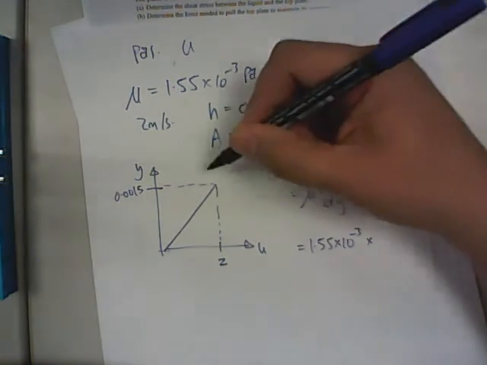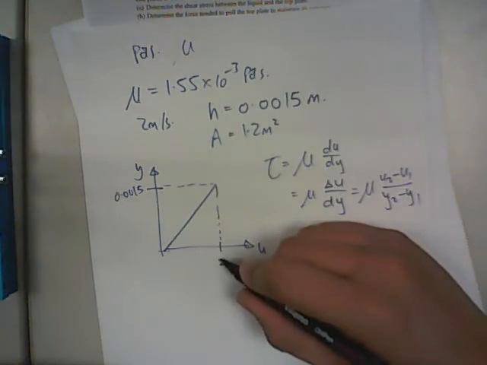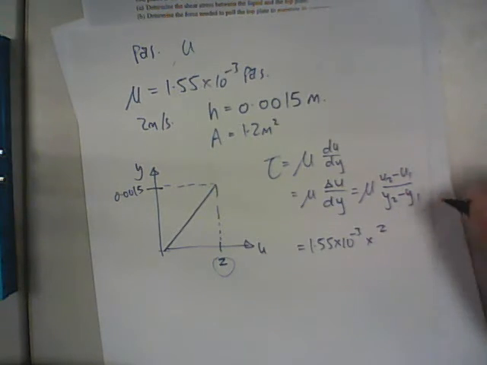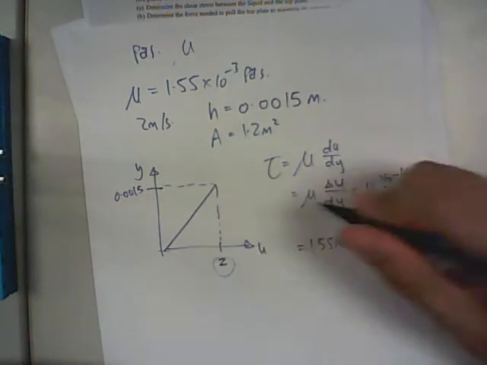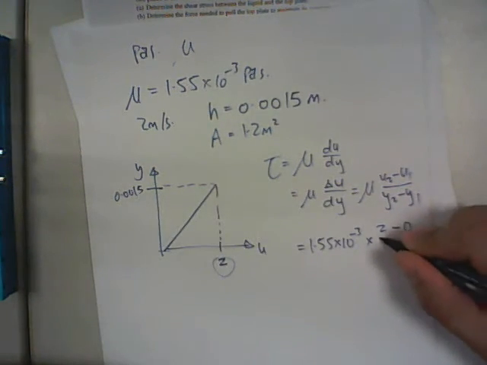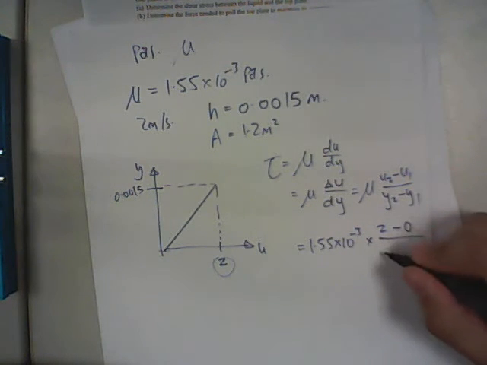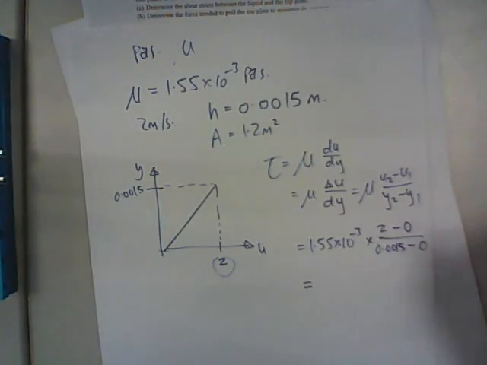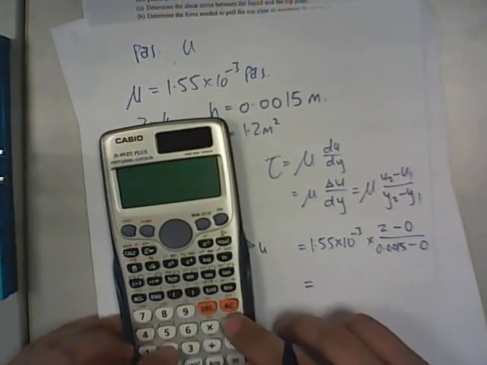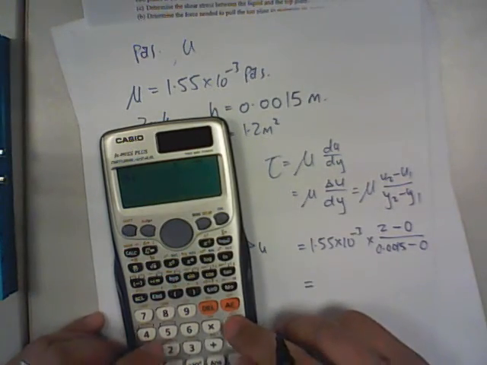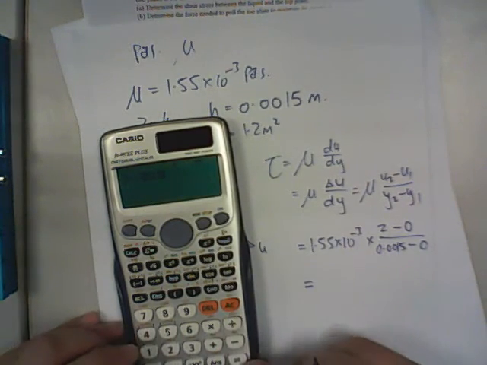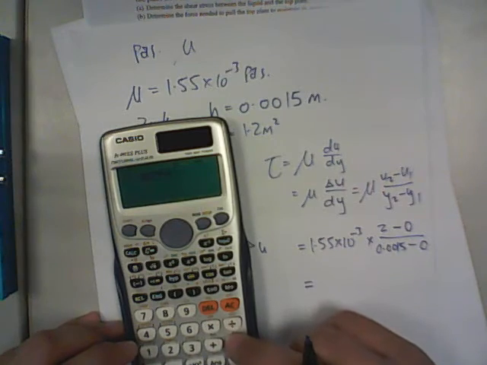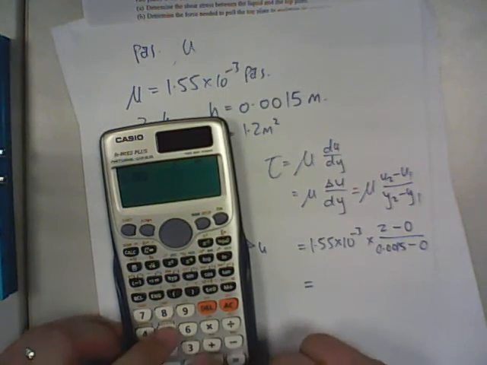U2 is the velocity at the top plate, which is 2 meters per second. Bottom plate is stationary, so u1 is 0. Okay, the height at the top is 0.0015 and bottom is 0. So what do we have?